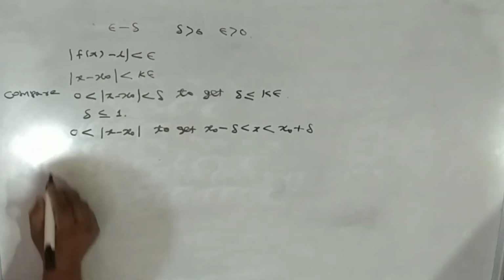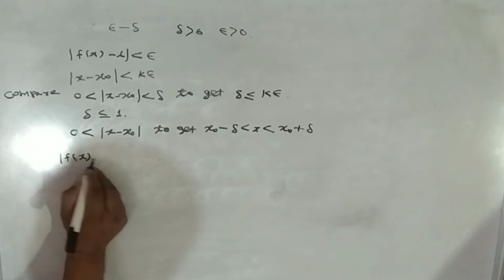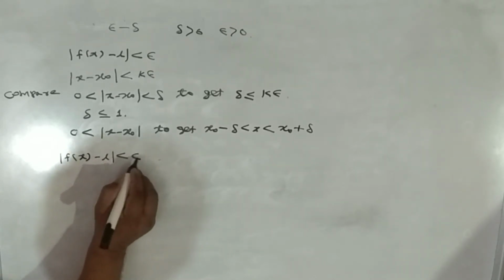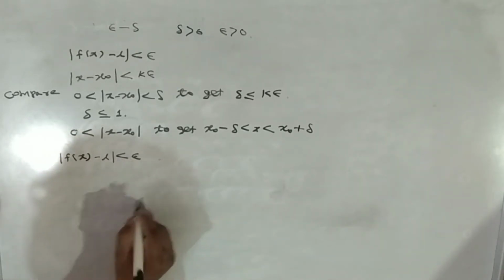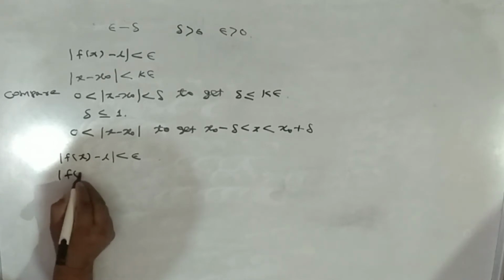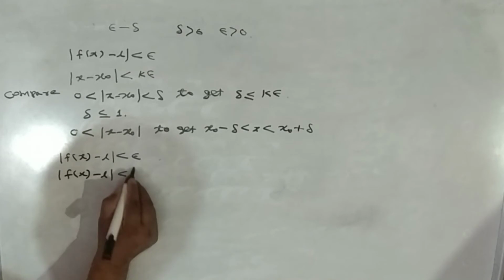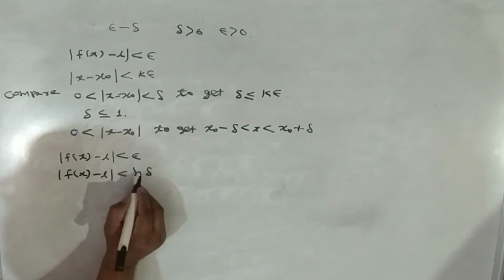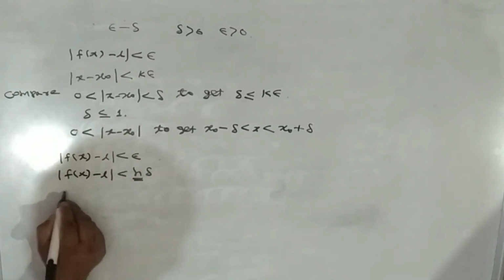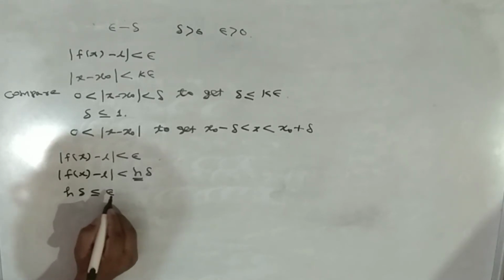Then use mod f of x minus L less than epsilon to produce mod f of x minus L strictly less than h delta, where h is a constant, and this gives that h delta is less than or equal to epsilon.